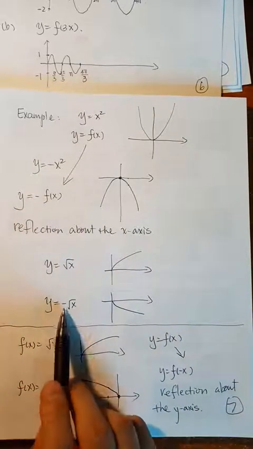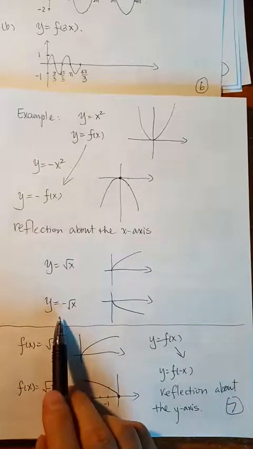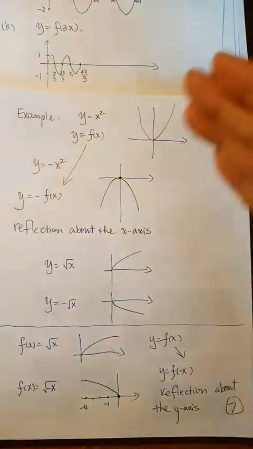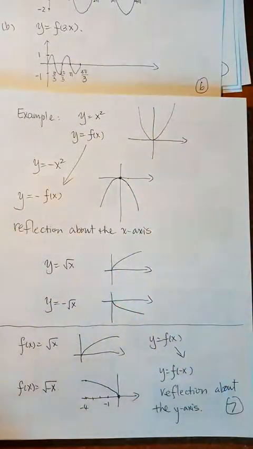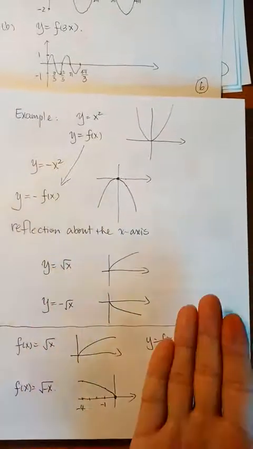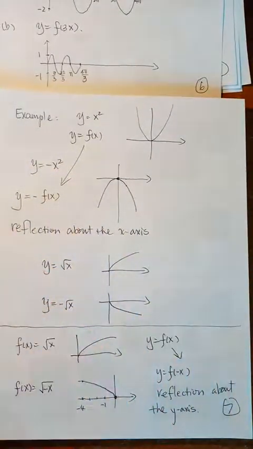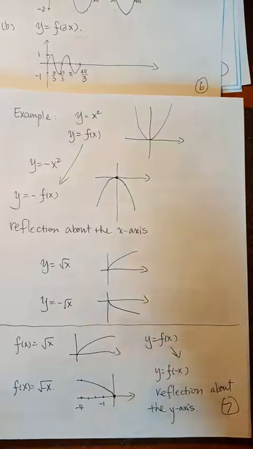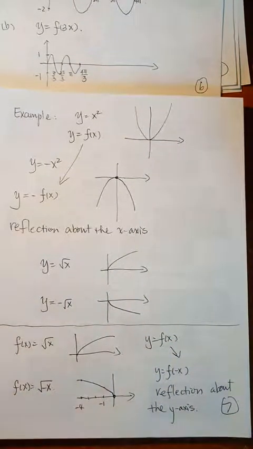So you directly put a negative sign outside, you get a reflection about the x-axis. You flip it down. And if you put a negative sign in front of x, you flip it horizontally about the y-axis. Okay, so this is the statement with the negative sign.